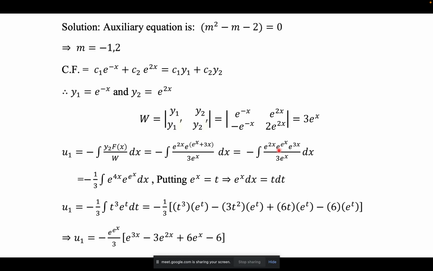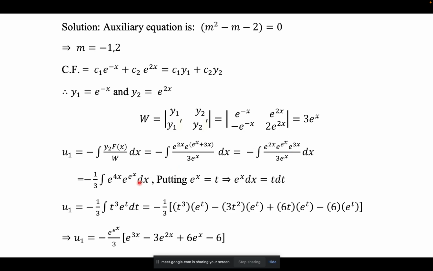Now from here you can again rewrite the equation. So you can bring this factor of 3 out from the integral, and you have e power 4x, because in the numerator you have a total power of 5x of exponential, and in the denominator you have a power of just x. So the remainder is e power 4x, and then you have this e power x dx.